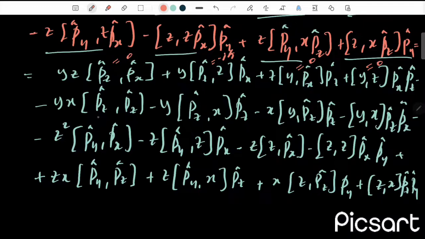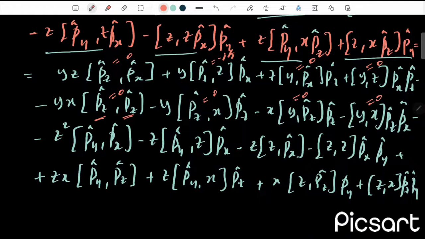Here we have that the components of linear momentum always commute between them, because here it is the same operator, pz times pz is equal to pz times pz. Then we have 0 there, 0 here, 0 here, and so on, 0 for all these terms.